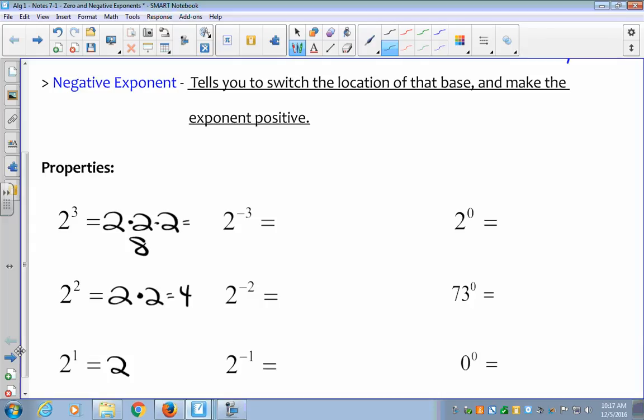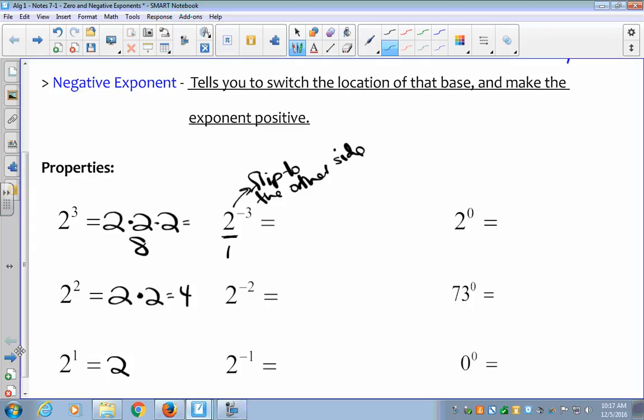Let's take a look at what a negative exponent will do. If I have a negative exponent, I'm going to flip it to the other side. And I know that sounds crazy, but right now it's on the top.